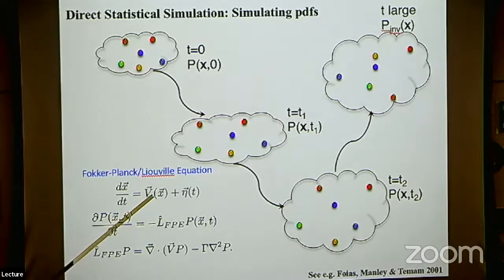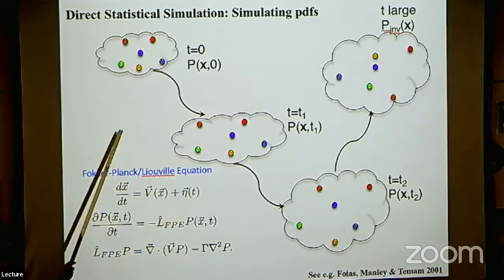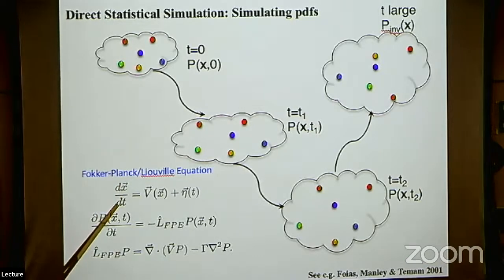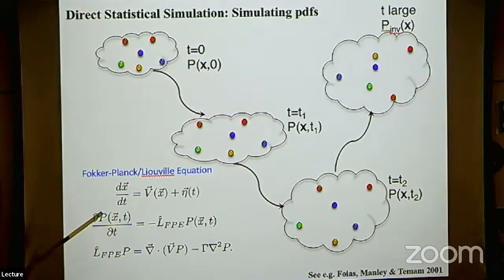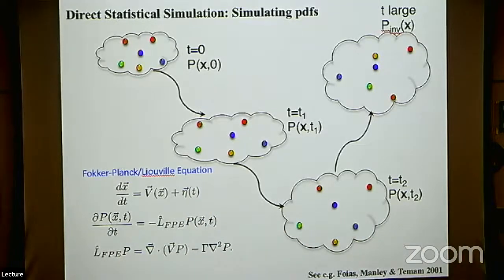This is probably a horribly nonlinear function, but this equation here is linear in p. However, if we're thinking of having a finite dimensional set of equations, that is a set of ordinary differential equations, and this is a PDE. So I've turned my ODEs into a PDE. So I've traded nonlinearity for dimension. So let's do an example.